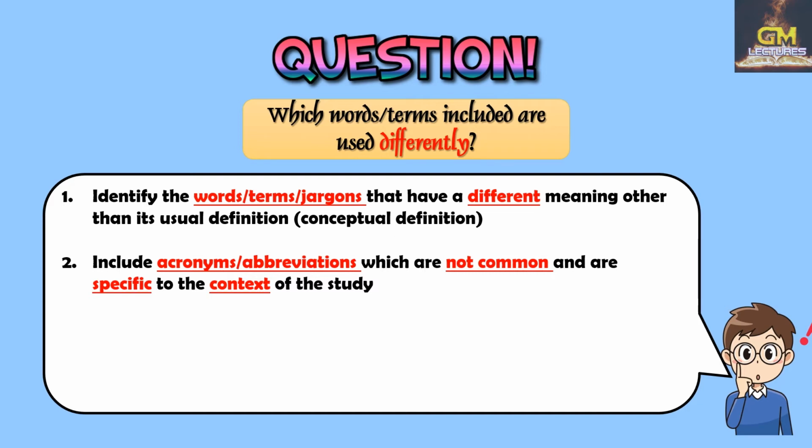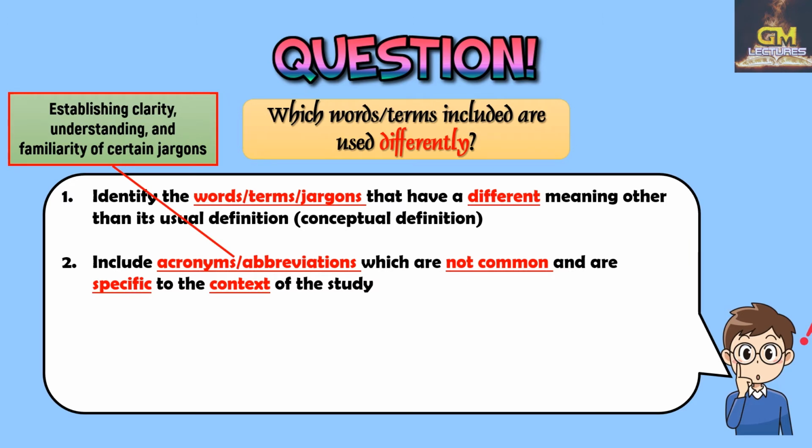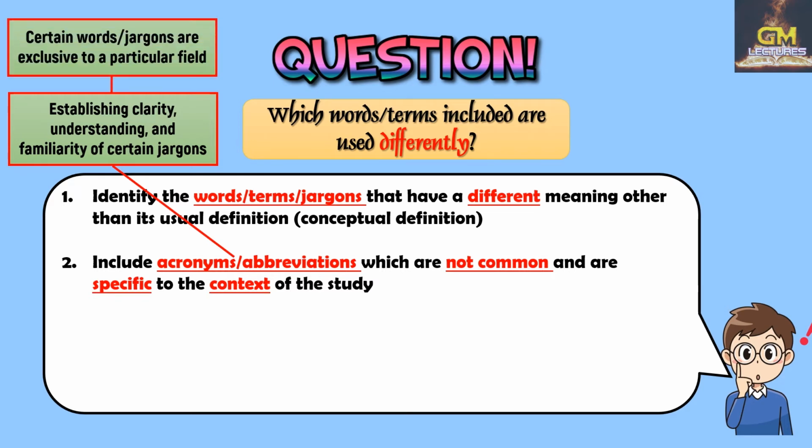Take note that we are emphasizing the importance of recognizing the context of the study because we're aiming to establish clarity, understanding, and familiarity of certain jargons or certain expressions or certain terms because, again, there are certain words or jargons which are exclusive to a particular field.